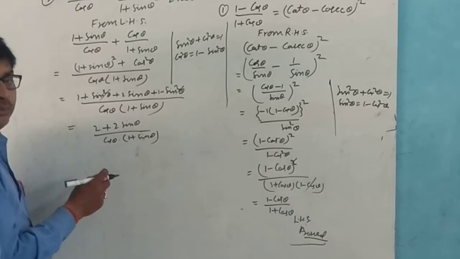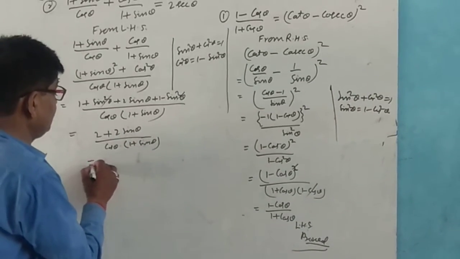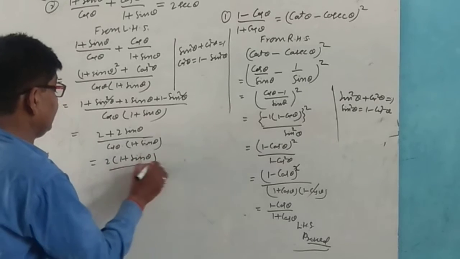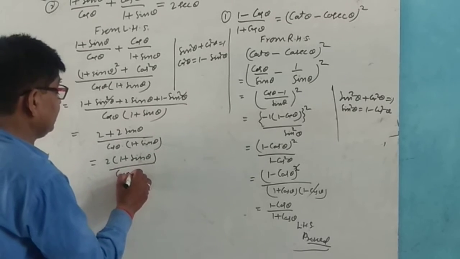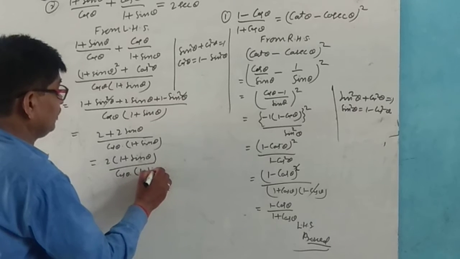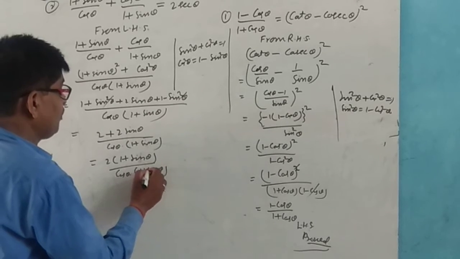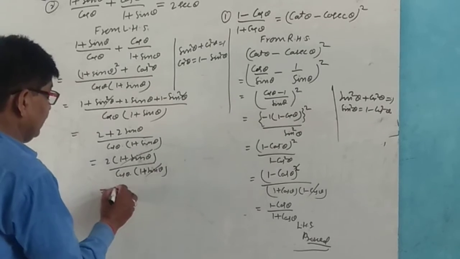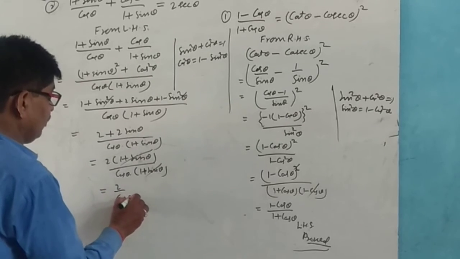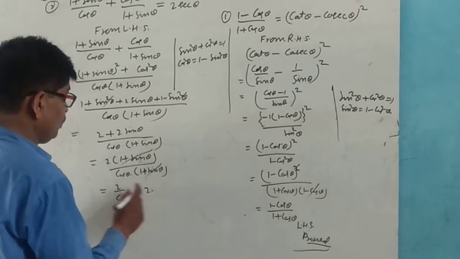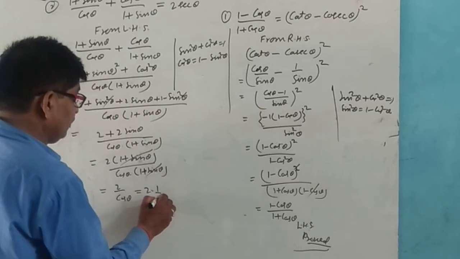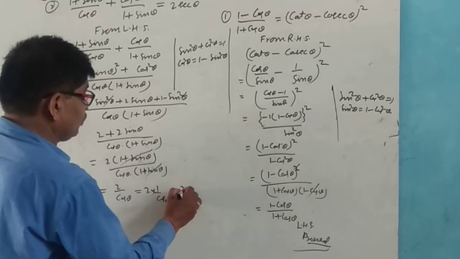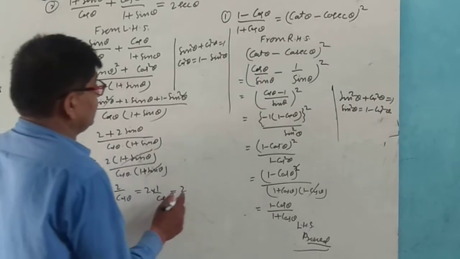Now we take 2 common: 2 (1 plus sin theta) divided by cos theta and (1 plus sin theta). This term and this term cancel and we get 2 by cos theta. It means that 1 by cos theta. This is equal to 1 by cos theta. This is sec theta.